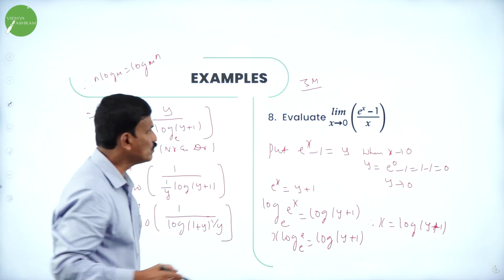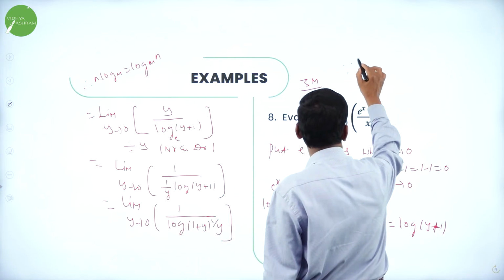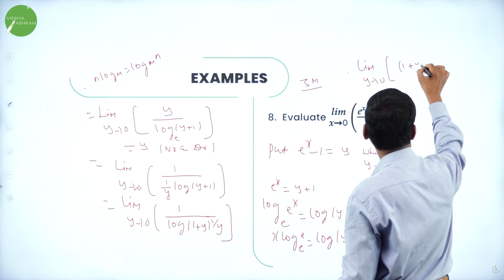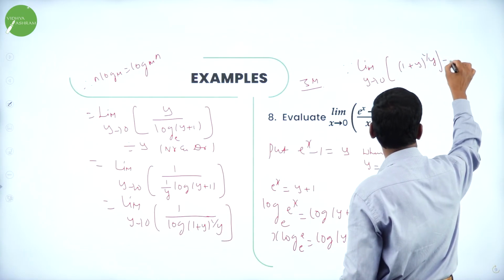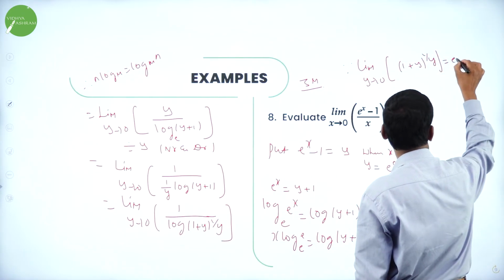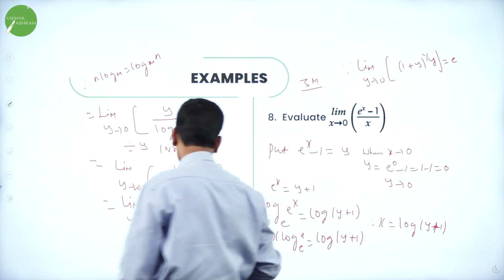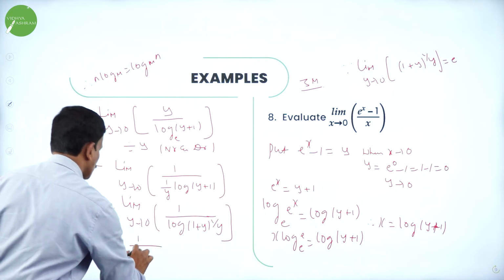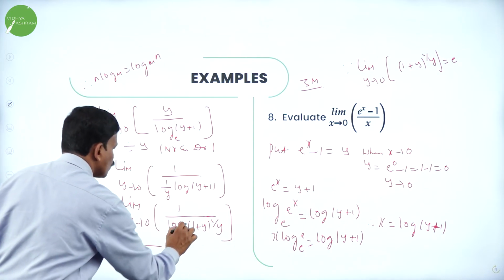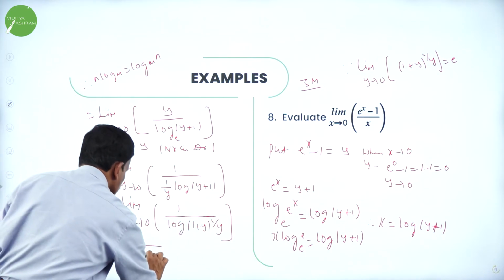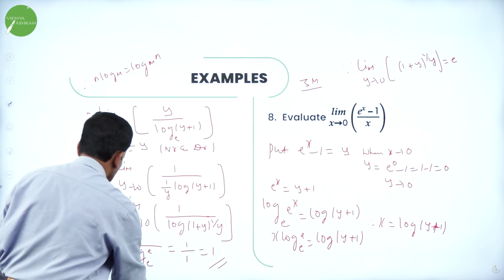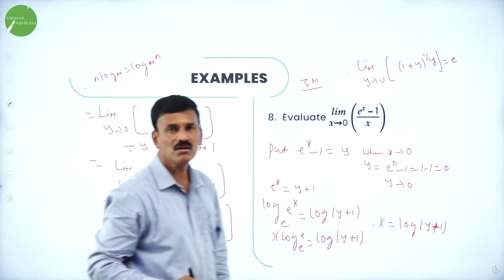Now, there is one more formula in limits: limit y tends to 0 of 1 plus y to the power of 1 over y is always equal to e. So, therefore, 1 over logarithm of 1 plus y to the power of 1 over y is equal to 1 over log e to base e, which is 1. So, the simplified answer is 1.